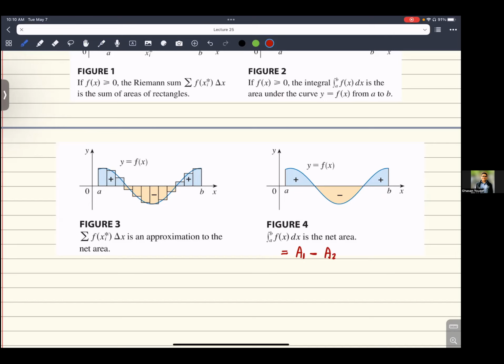What does that mean? I can say this is the same as the total area of the region above the x-axis minus the total area of the region below the x-axis.